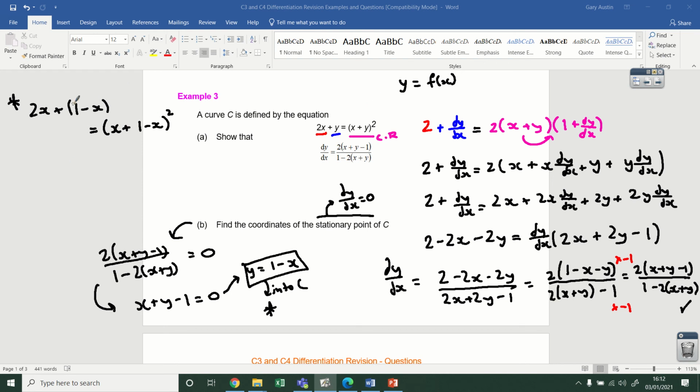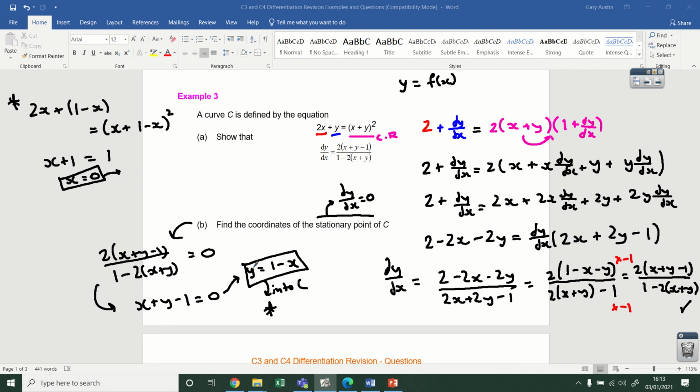Tidy up, so 2x plus 1 minus x is x plus 1. And then if I tidy this up, x plus 1 minus x is 1, and 1 squared is 1. Okay, so that's given me something I can solve for x. x plus 1 is 1, take off 1, x is 0. And all I need now is to work out what y is.